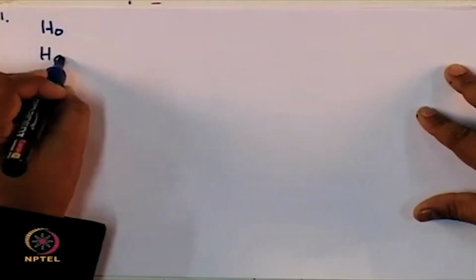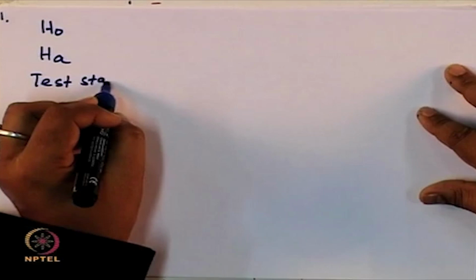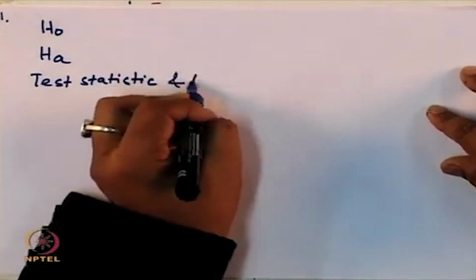So, we will continue. We have our last session on a discussion on test of hypothesis. Just to briefly mention, you have the null hypothesis, you have the alternate hypothesis, you compute a test statistic and a p value.